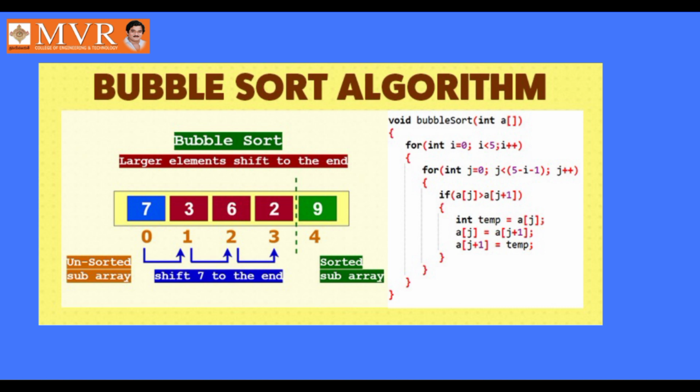In this bubble sort technique, I will be explaining what the algorithm is and how it is working. See, void bubble sort, what does it do? This name is given as bubble sort because this procedure is the bubble sort technique.